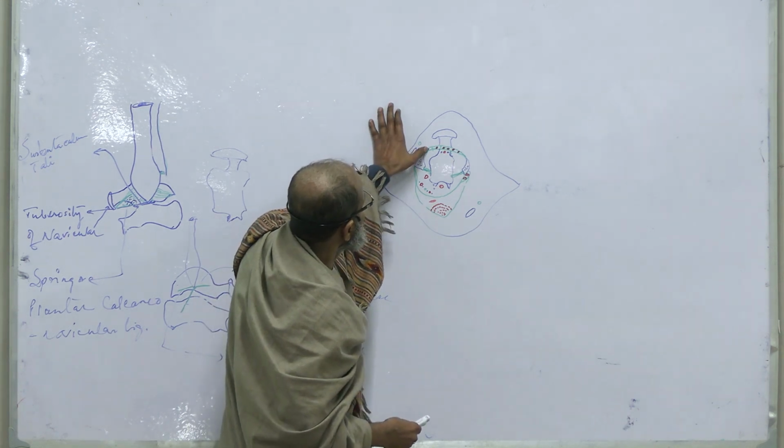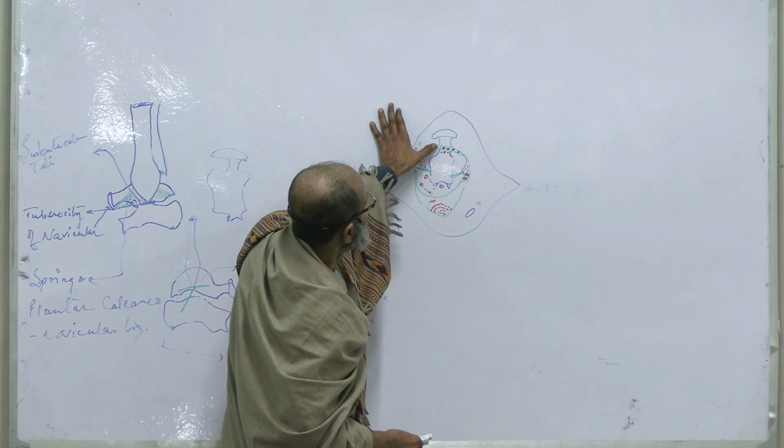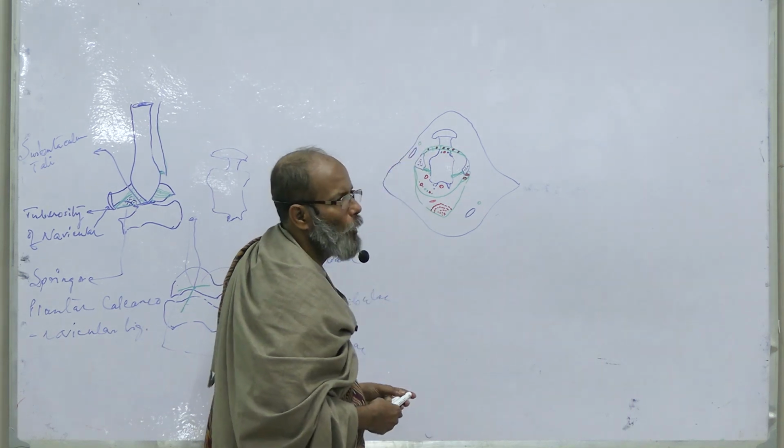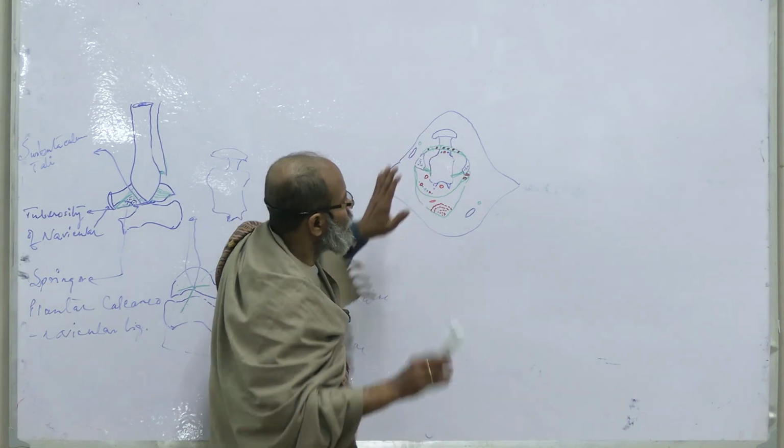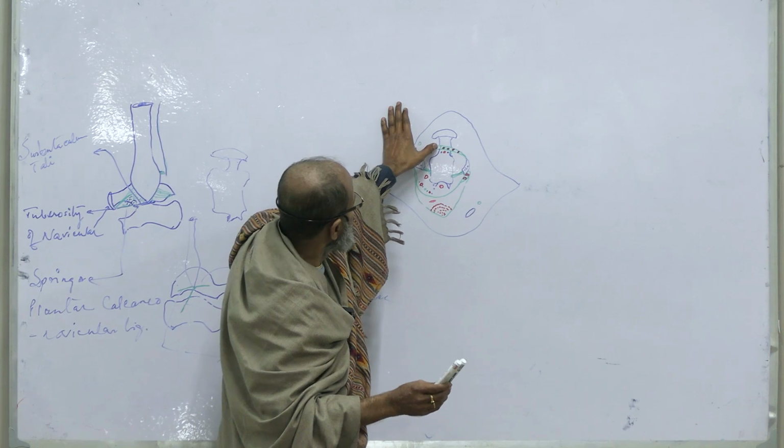This one is the tibialis anterior and this one is the extensor hallucis longus. This one is the extensor digitorum longus, four tendons. This is extensor hallucis longus.